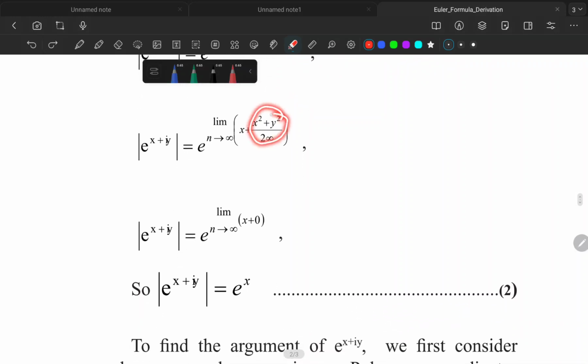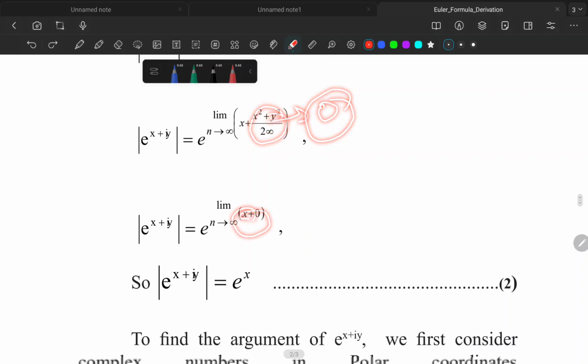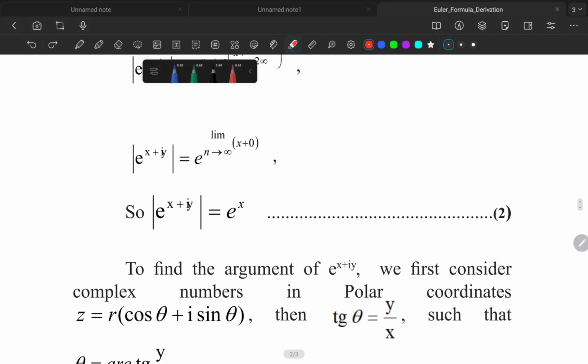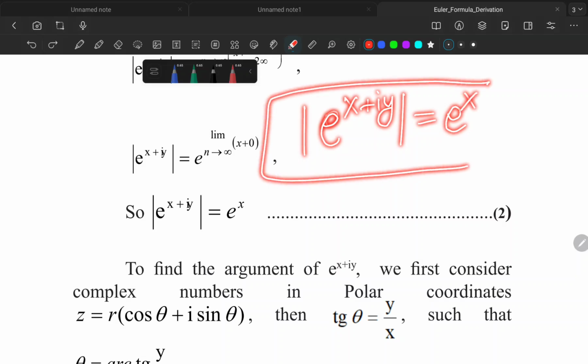So this becomes 0 and we are left with only x. So the modulus of e to the x plus iy becomes just e to the x. And if you conclude, you can see that it is not depending on y, right?